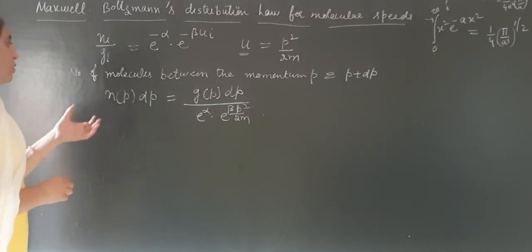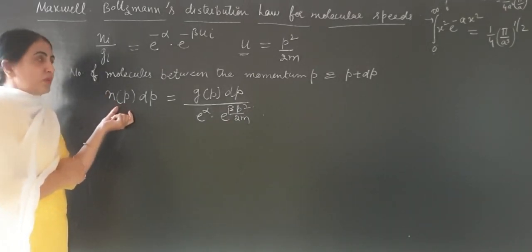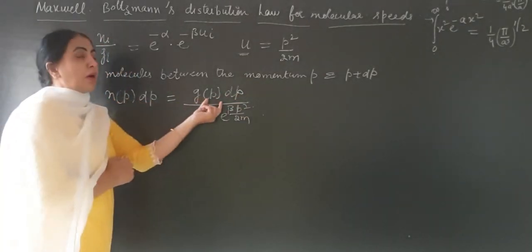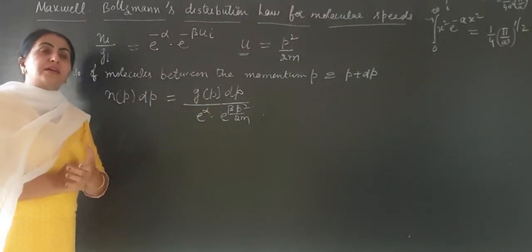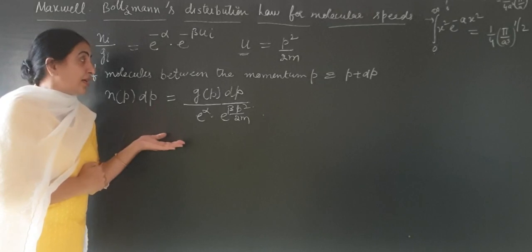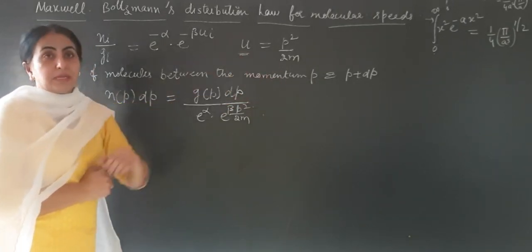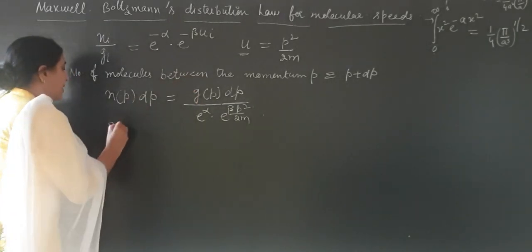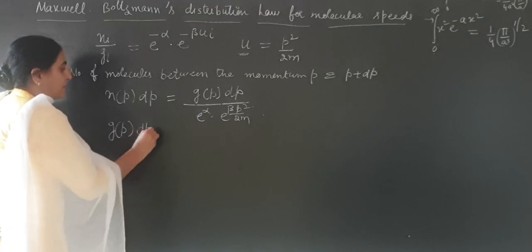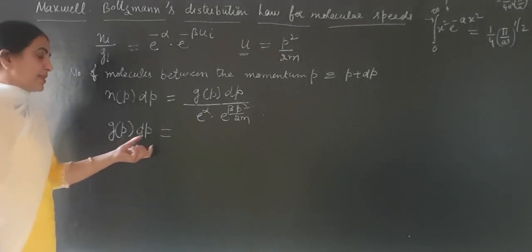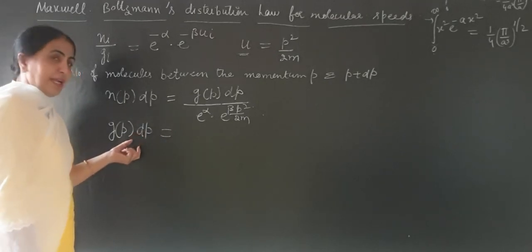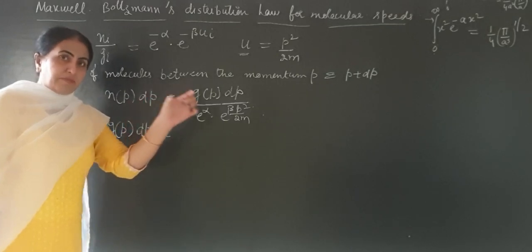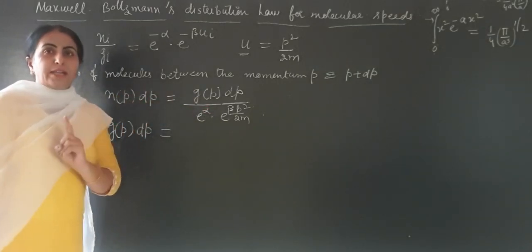Clear? Now to find out this number of molecules between the momentum p and p plus dp, we must know about G(p) dp, and G(p) dp is the number of phase space cells between the momentum p and p plus dp. So how can we find out this G(p) dp? We have studied in the start of this chapter that the number of phase space cells is equal to the total volume in the phase space divided by the volume of one elementary cell.